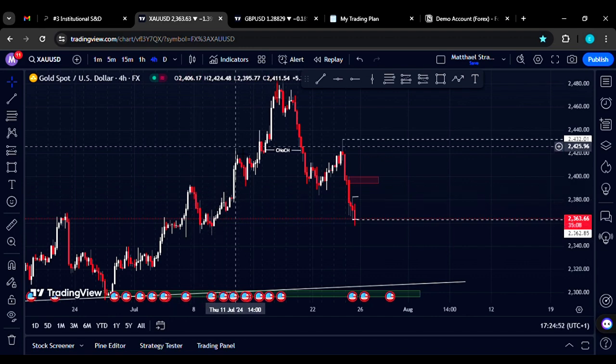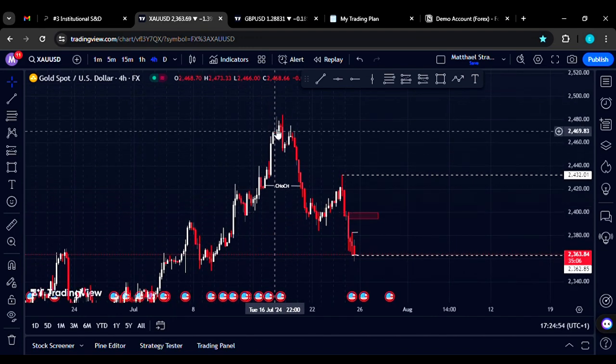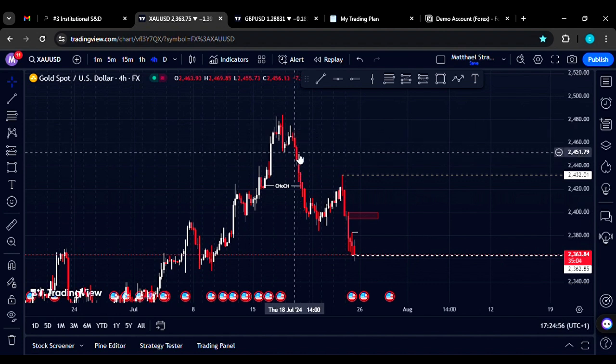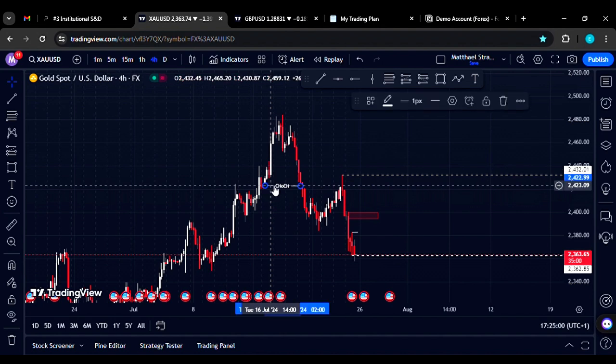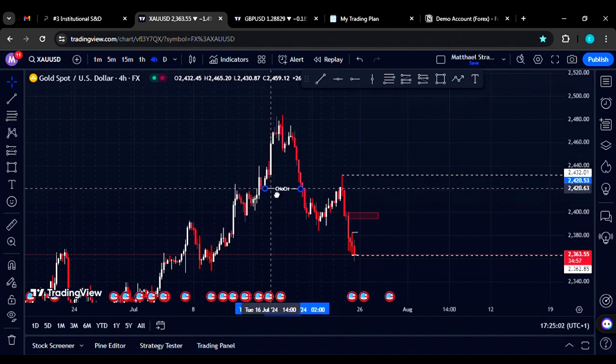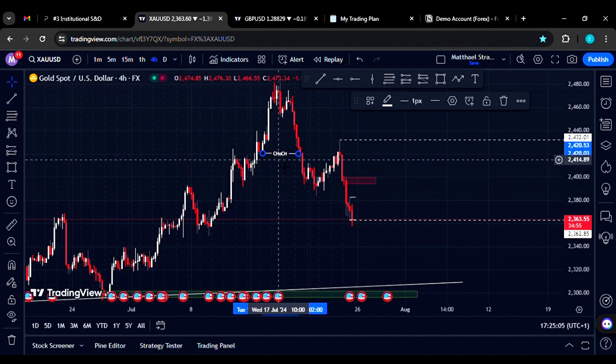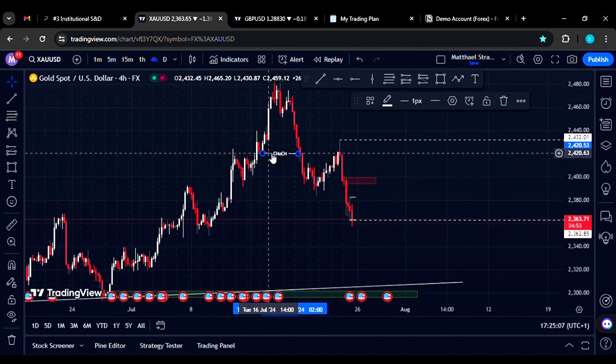We had the higher high, the lower low, and till it got to this point, then we had a failed swing. Therefore price went down, retraced, and we had a break of structure to the downside. Market structure shift, what we call CHoCH, change of character.